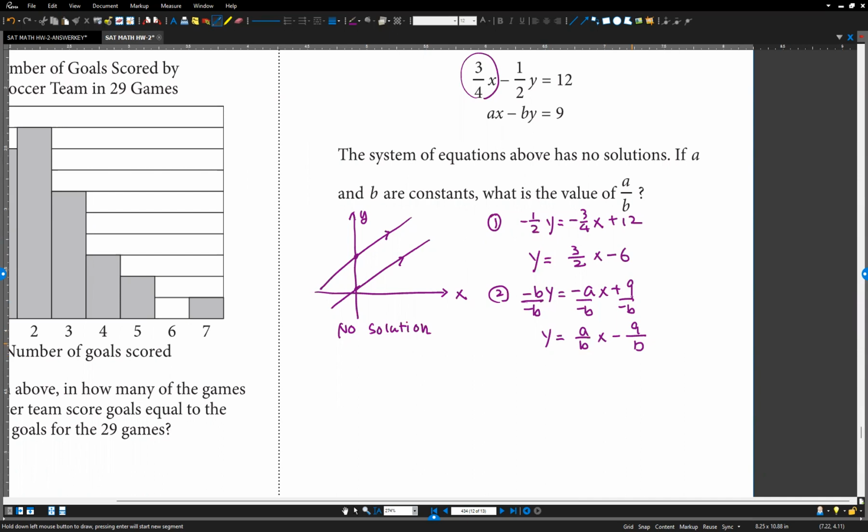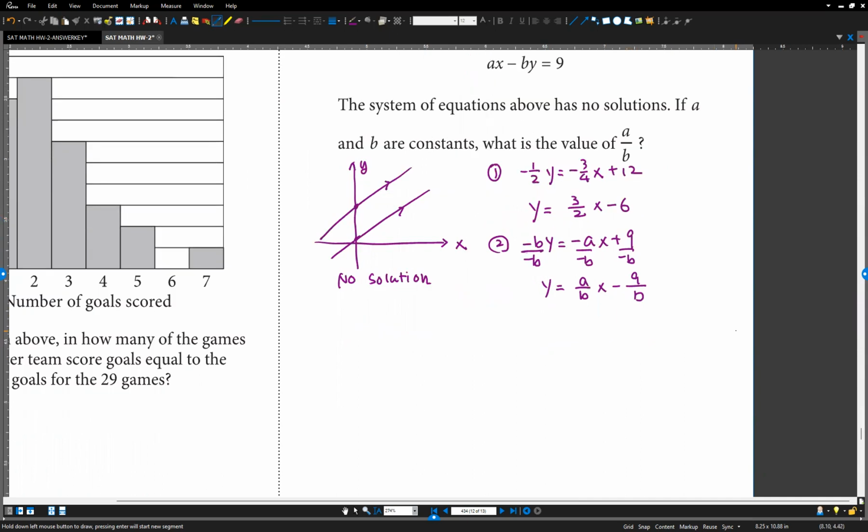But parallel means what? The slope must be equal. So 3/2 must equal a/b. They're asking you about the ratio a/b, and that is 3/2, or 1.5.